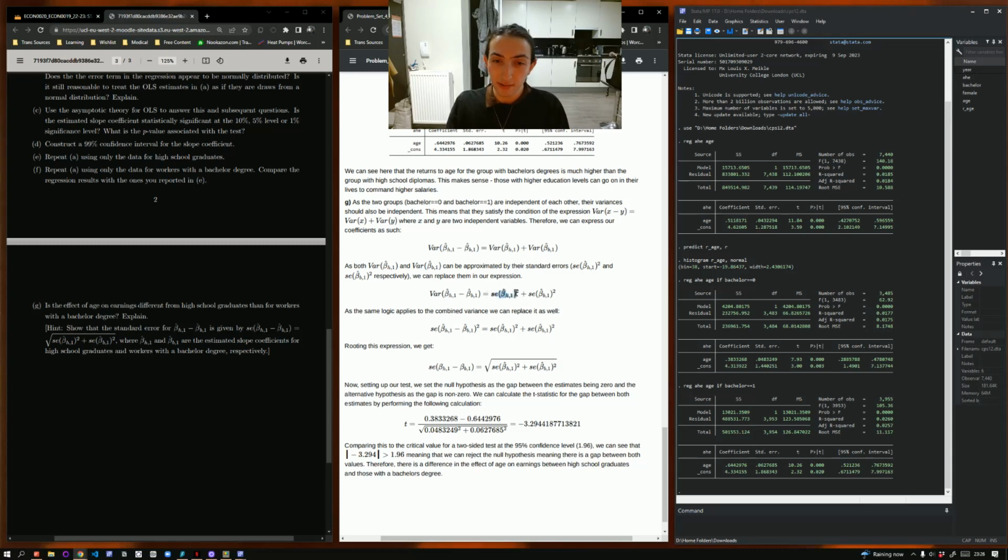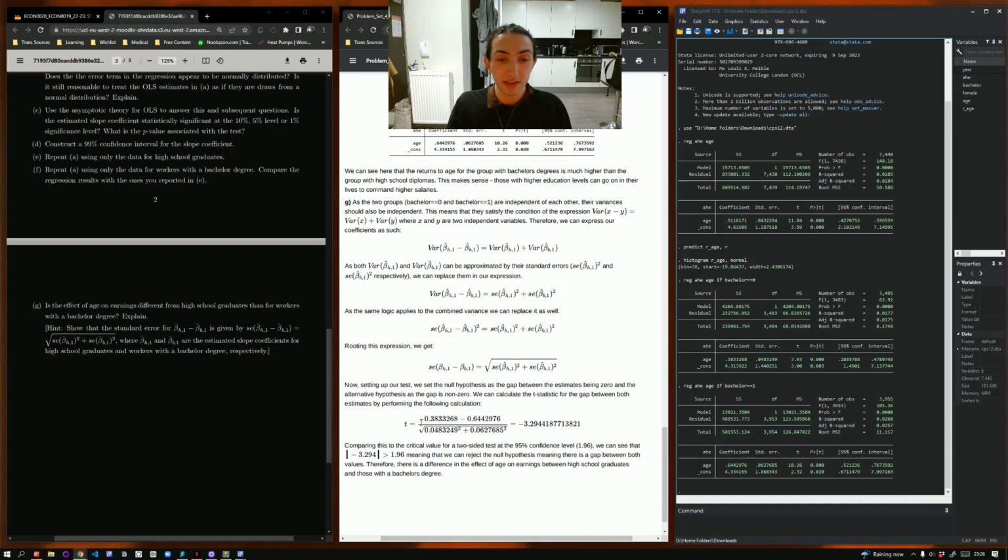So we use standard error squared here, and we put standard error squared here. And then to get the expression that they've given here, standard error of beta hat h1 minus beta hat b1 equals root of standard error beta hat h1 squared plus standard error beta hat b1 squared. To get that, you just root it, and then you're done, essentially.